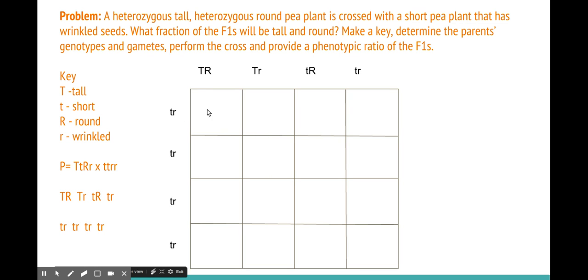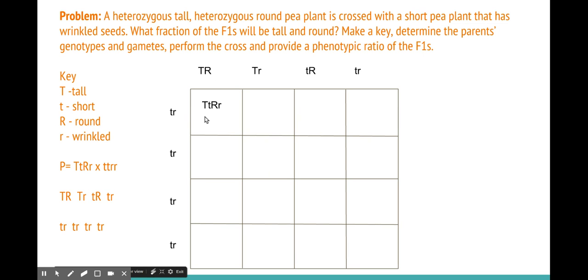So when these two gametes join their chromosomes together, we'd end up with an offspring that was heterozygous, big T, little t for height, and also heterozygous round for the texture of the seed, a big R, little r.